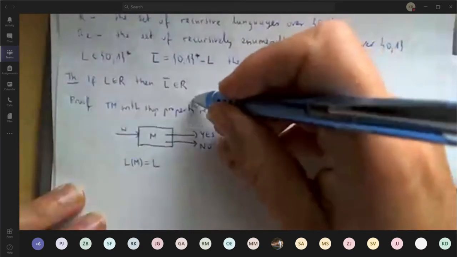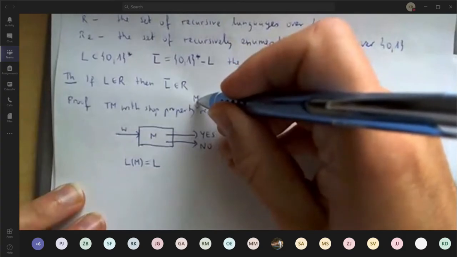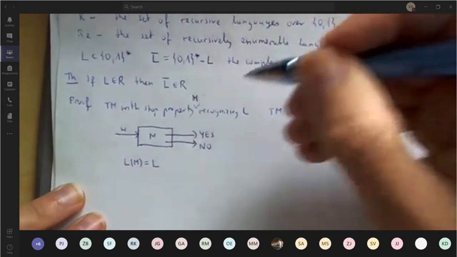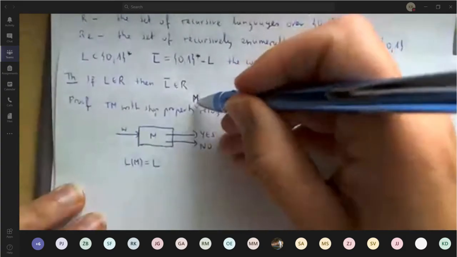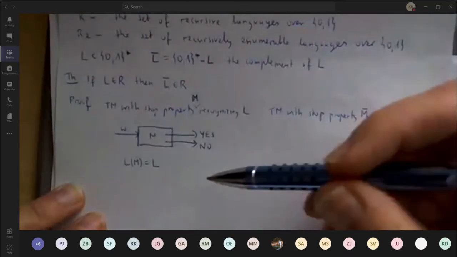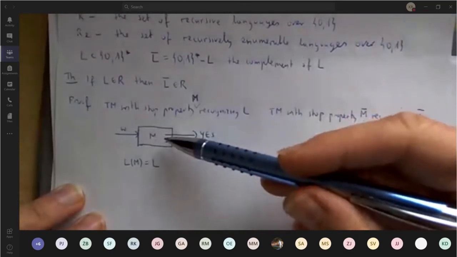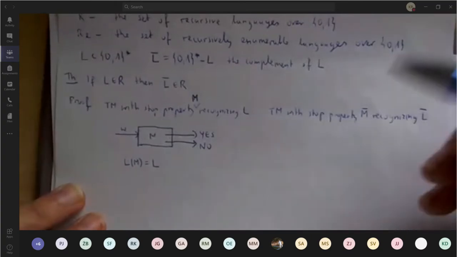Maybe I should write M here. Okay, so we just have to switch these outputs.